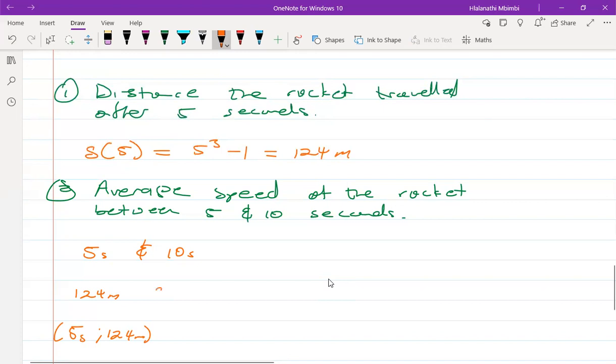And so this is 999, because 1000 minus 1. Which means your second coordinate would be 10 seconds and 999 meters.